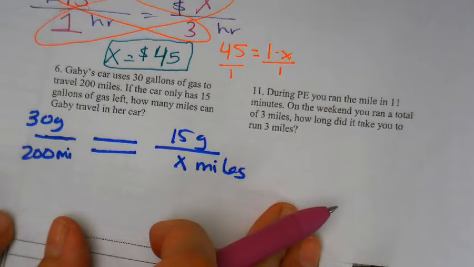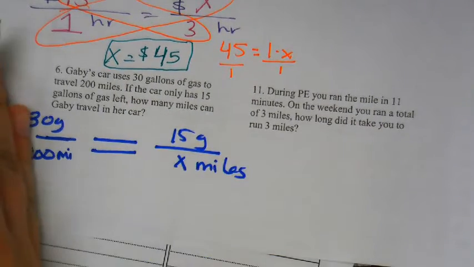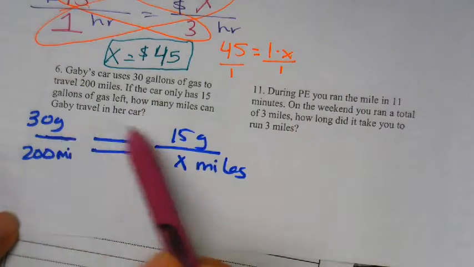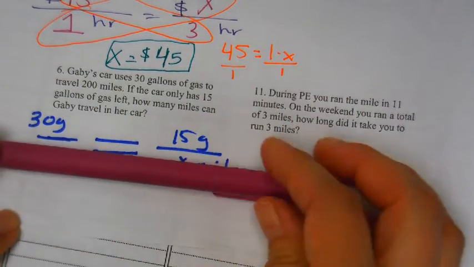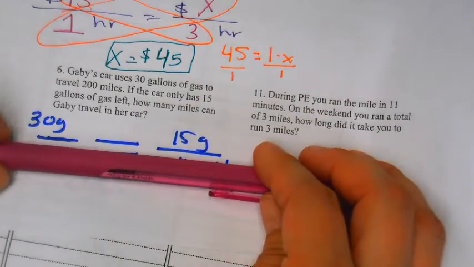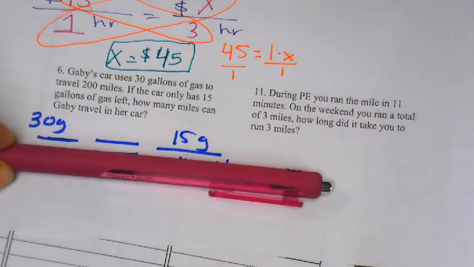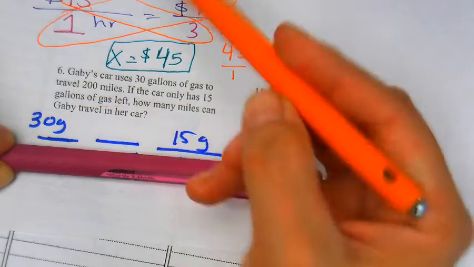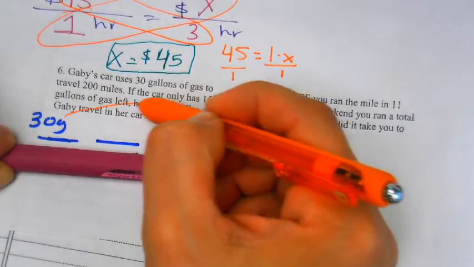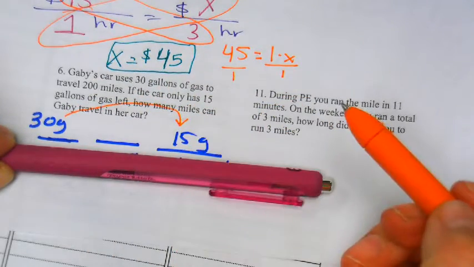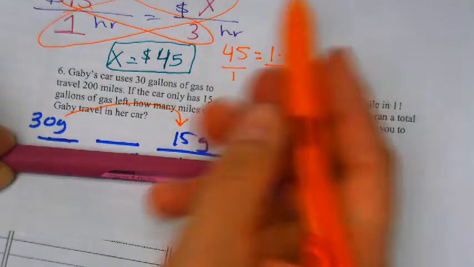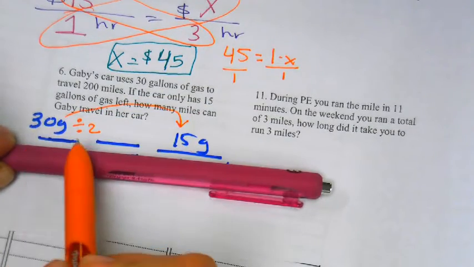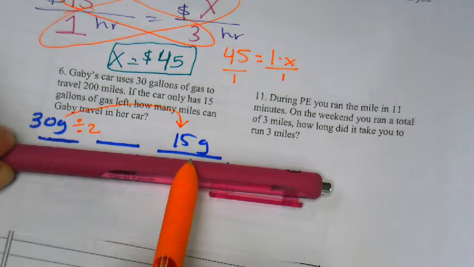You see if there's a relationship from one side to the other side. And you start with the one that has the 2 numbers. So I'm going to look at the top. How do I go from 30 to the number 15? Divided by 2. 30 divided by 2 is 15, right?